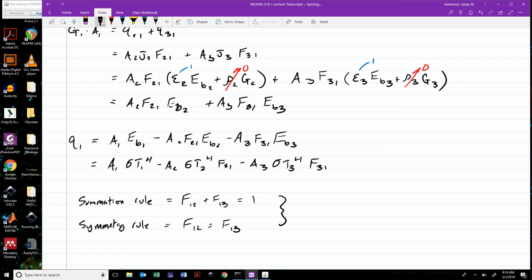From these two, we say that F12 equals F13 equals 0.5. Everyone with me there? If this is 1, we're finding the view factors from 1 to each of these surfaces. Because it's an enclosure, they all have to sum to 1. And because it's symmetric, the view factors for surfaces 2 and 3 must equal one another.